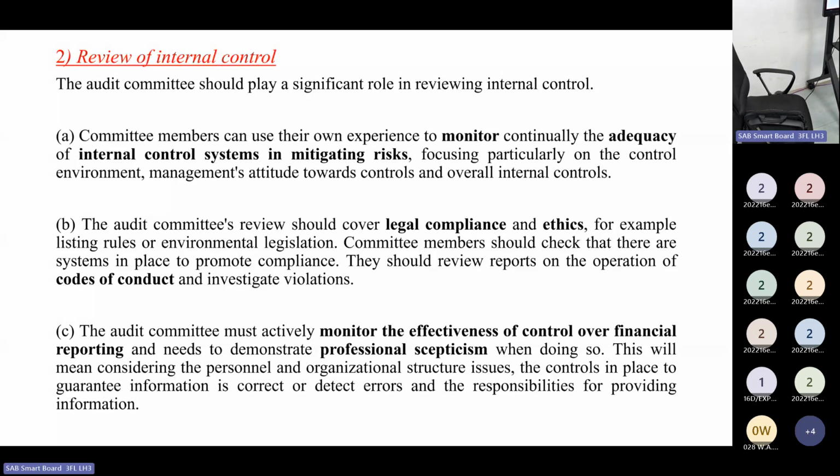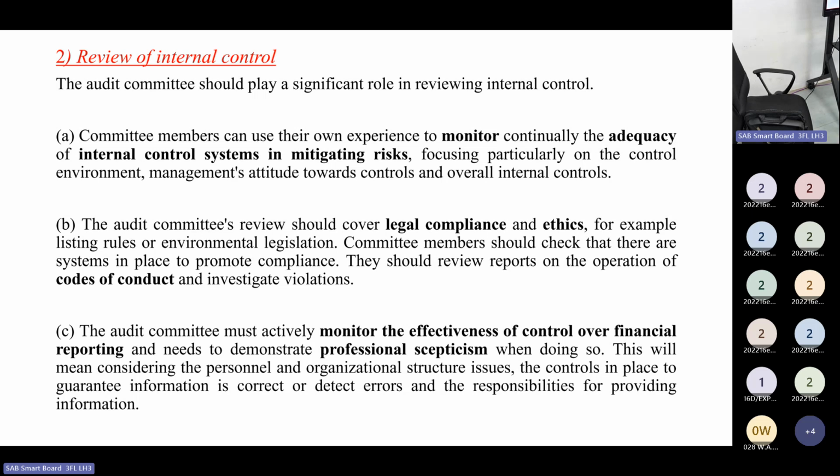The audit committee review should cover legal compliance and ethics. For example, if there are listing rules or environmental legislation, these are things you have to comply with, so the audit committee needs to ensure this company is doing it the right way. Right?